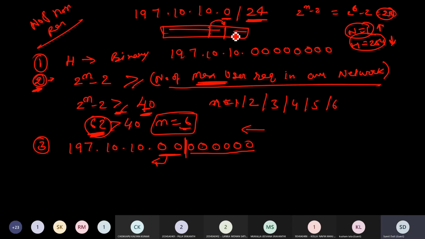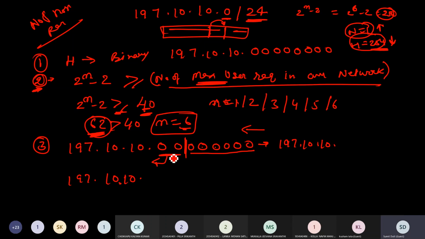So it is a logical division of the IP address. And that is what I'm going to do here: out of this 8 bits, which is giving me 254 hosts, which is not required, I'm borrowing 2 bits into the network. So when I borrow 2 bits, my new IP address will be 197.10.10.